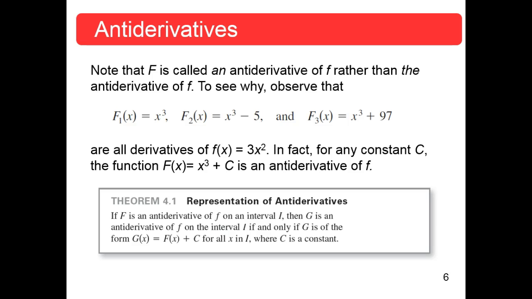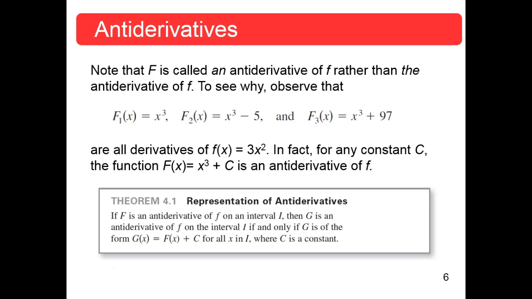And here's why. We've already said that F equals x cubed was an antiderivative of our 3x squared, right? But what if you had x cubed minus 5? What's its derivative? 3x squared again. So it's not the only antiderivative of your little f, it's just one of an infinite number.